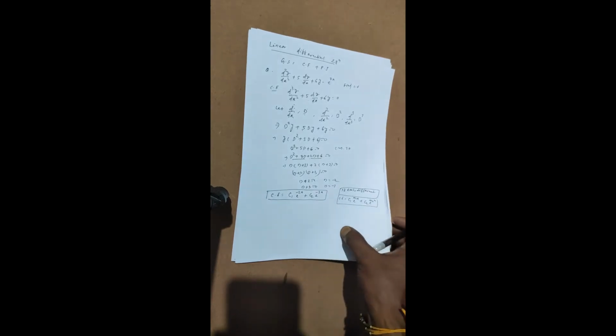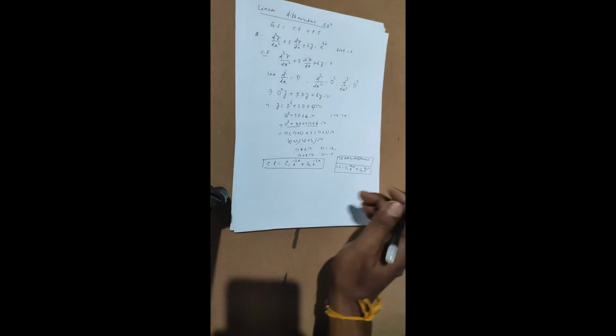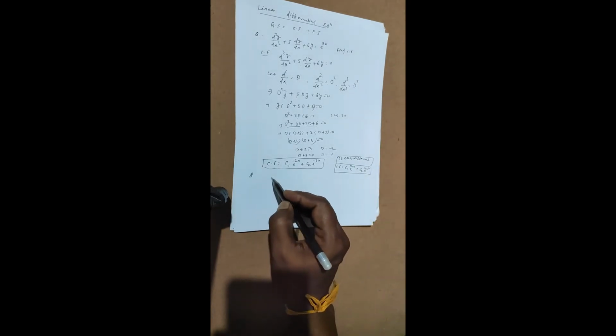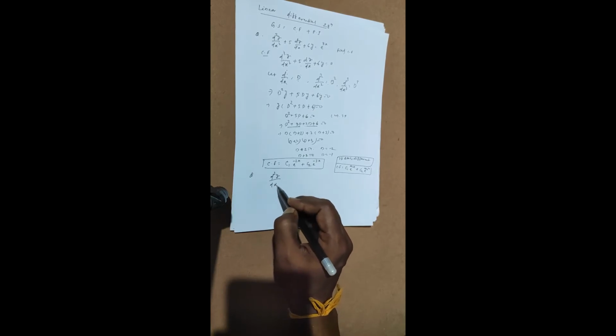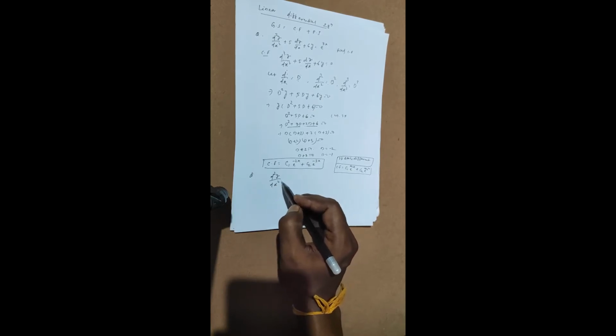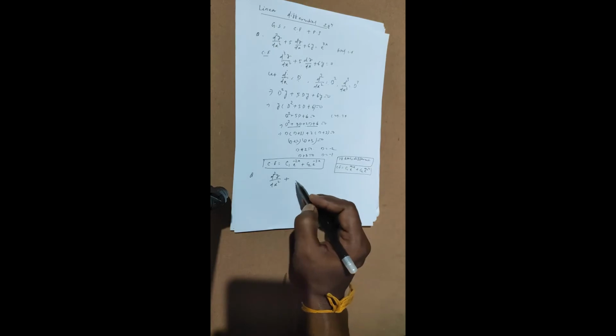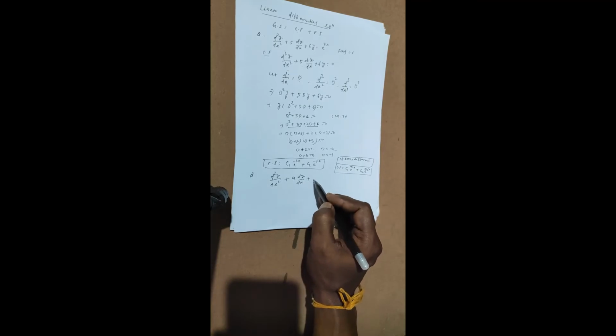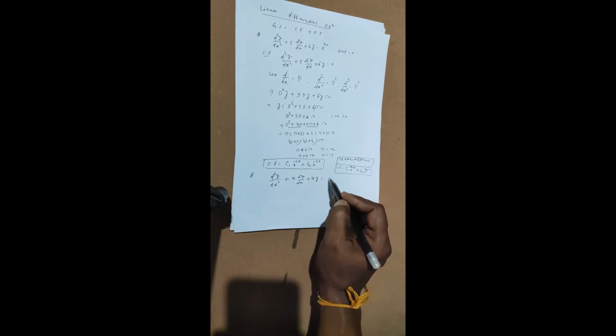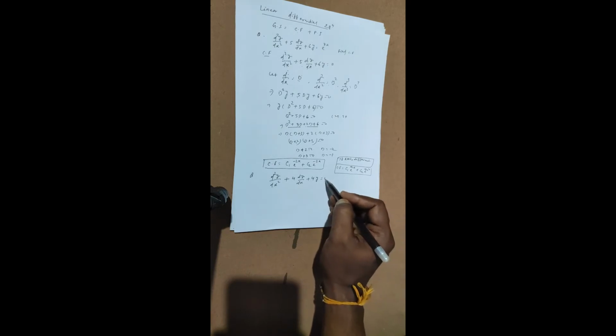Second thing, if the roots are the same. Let's solve a question: d square y by dx square plus 4 dy by dx plus 4y is equal to 0, since the input function is 0.